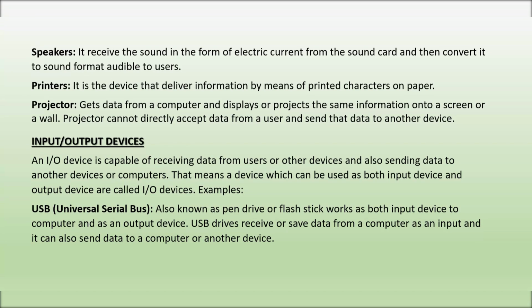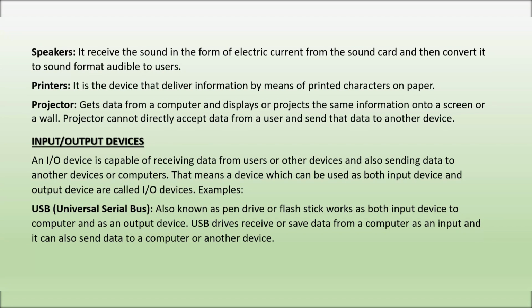It can easily collect the data on the computer and display the same information onto a screen or wall. That means we can use a screen on any wall. A projector cannot directly accept data from the user and send the data to another device.